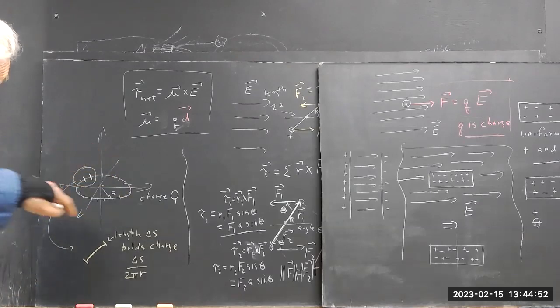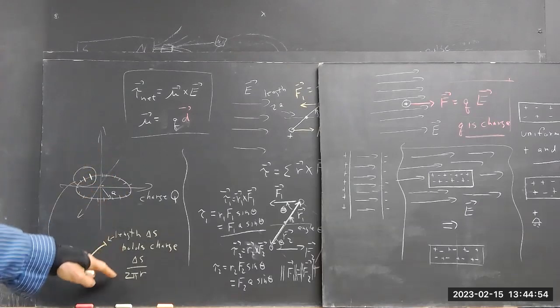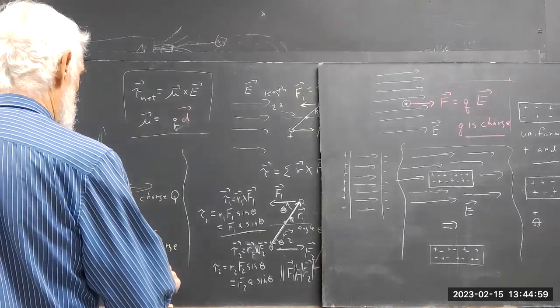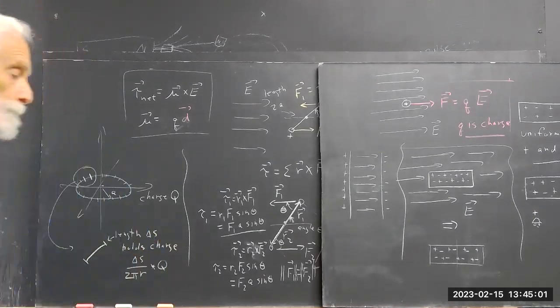Because circumference is 2 pi r, there's a delta S over 2 pi r of the entire circumference. Of course, times Q.